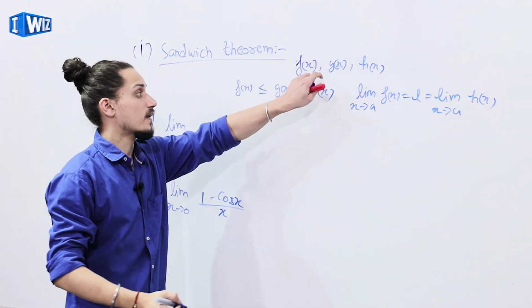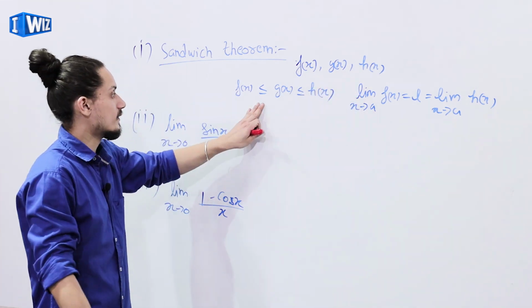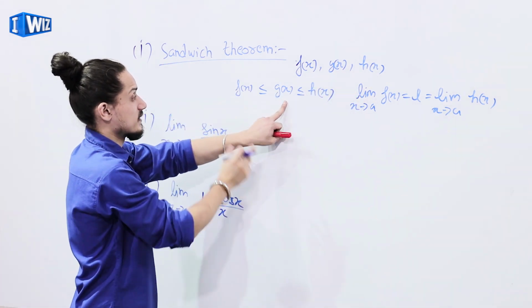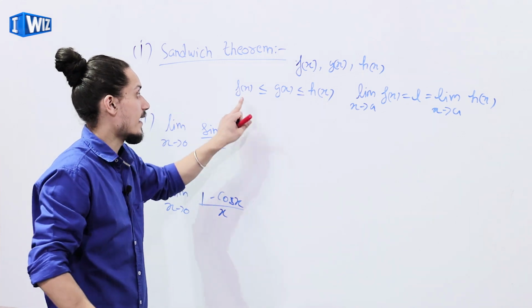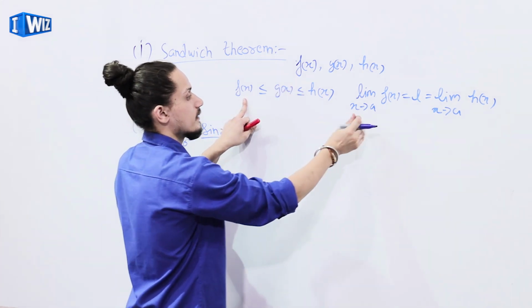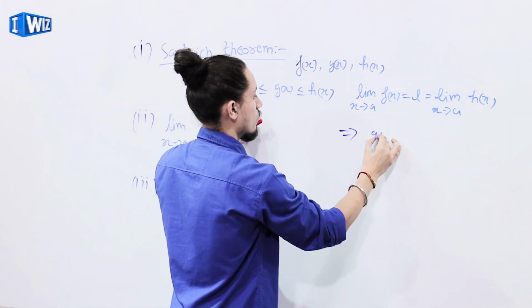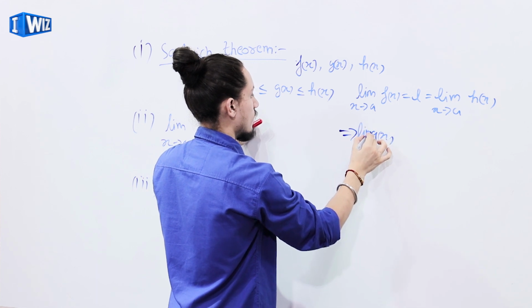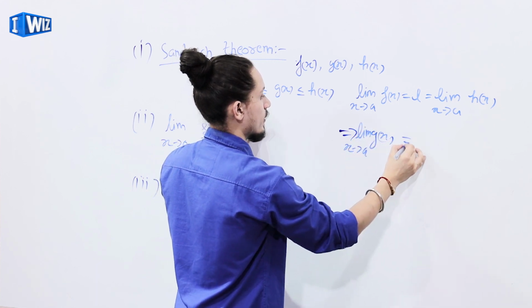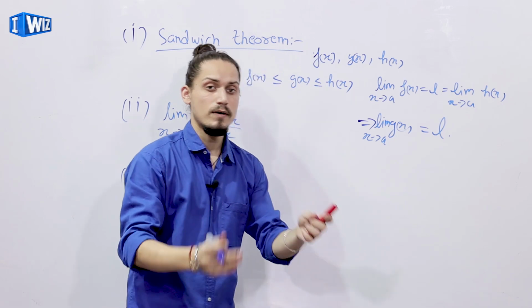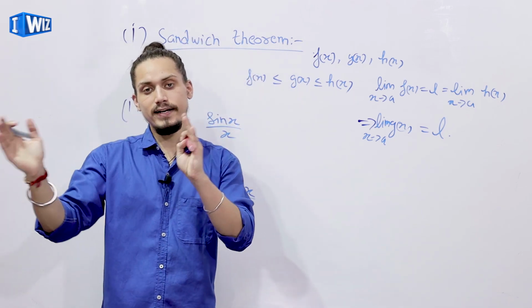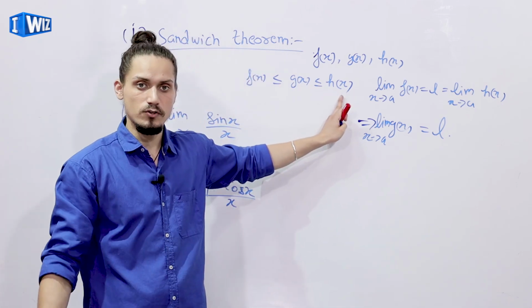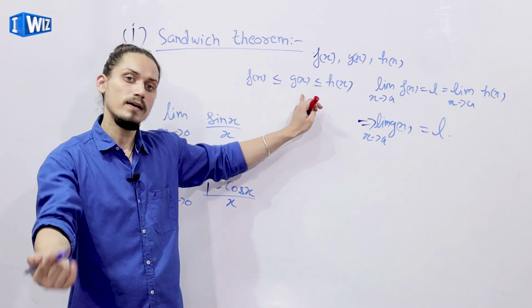Means we know the values of the two side functions. So in this case g of x is being sandwiched between h of x and f of x. So I can write, implying, g of x limit x approaches a will be equal to L. Means if we have three functions, and we know the limits of the two side functions, then the limit of the middle function will also be equal to them.